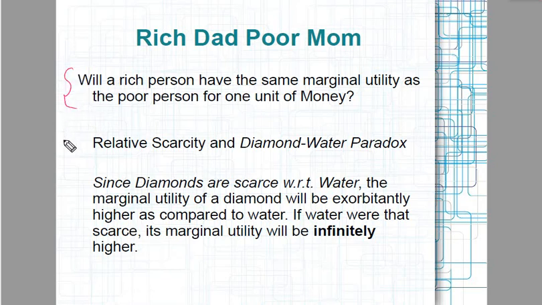Now another question is relative scarcity and the diamond water paradox. So relative scarcity essentially means that, actually speaking, diamond doesn't really do anything for you, frankly speaking. It's just for display purposes, right? It's mostly for display, to convey some kind of status in society.